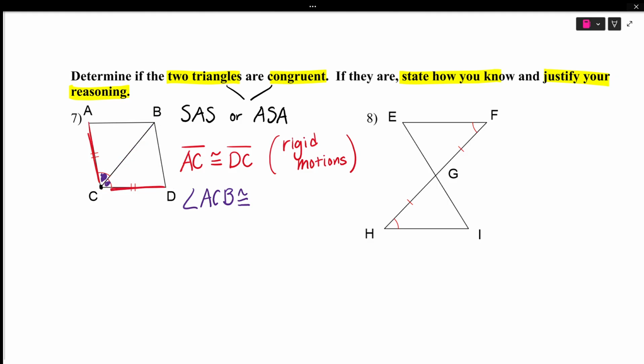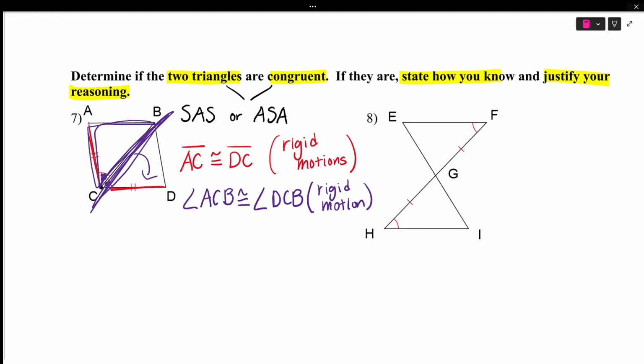Angle DCB. Same reason: there's some rigid motion that takes it from one angle to the other. If I were to reflect this triangle over to this side across the line, it's going to show that those two angles are congruent.